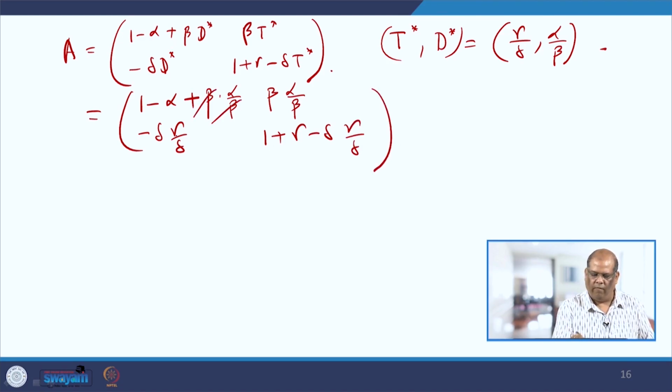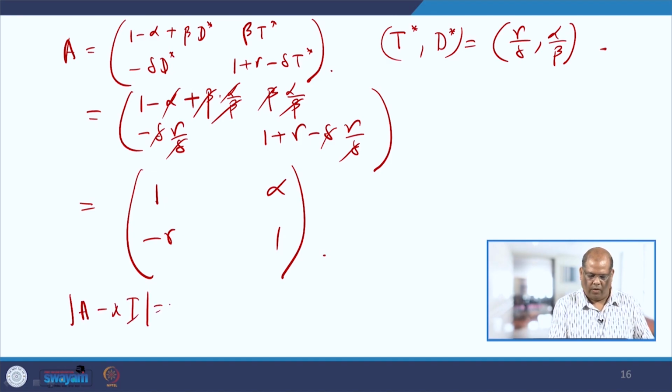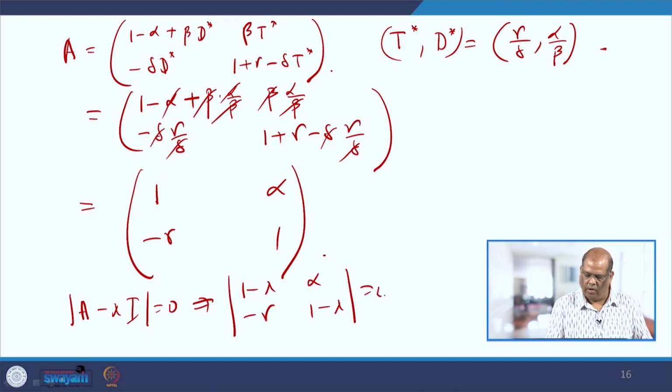So if I simplify this and this cancels, it is 1, this is alpha, this is minus gamma, and this is 1. So if you want the eigenvalues, A minus lambda I equal to 0, this will give 1 minus lambda, alpha, minus gamma, 1 minus lambda equal to 0.